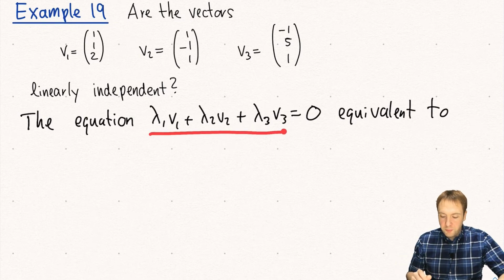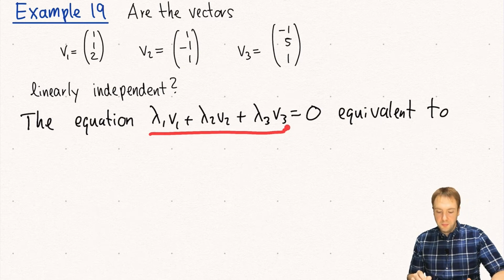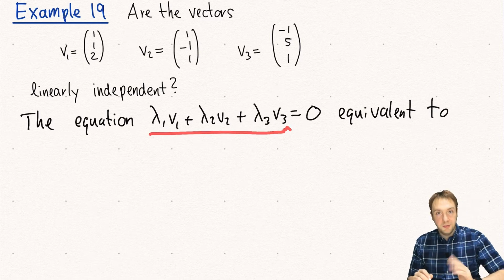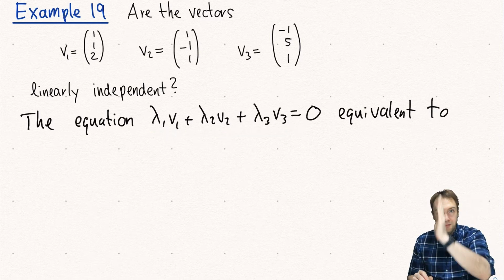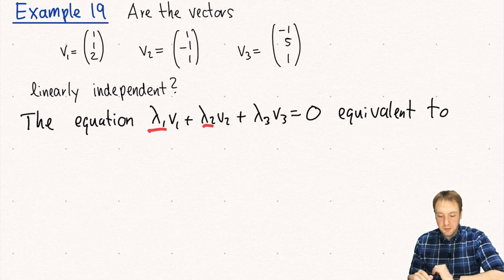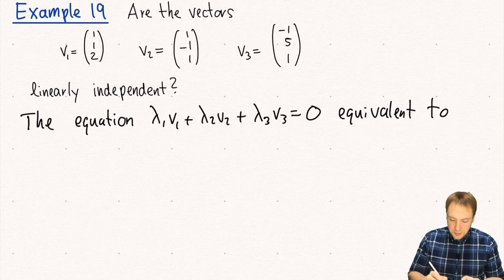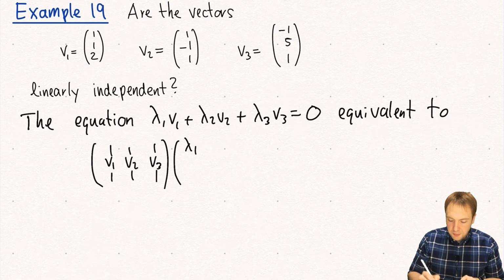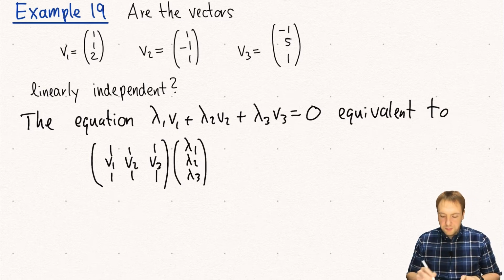Because we already learned before that the linear combination of vectors can always be written as a matrix times a vector, where the columns of the matrix are given by these vectors, and the vector is just given by these lambdas. So we can write these v1, v2, v3 in a matrix and multiply it with the vector lambda 1, lambda 2, lambda 3.